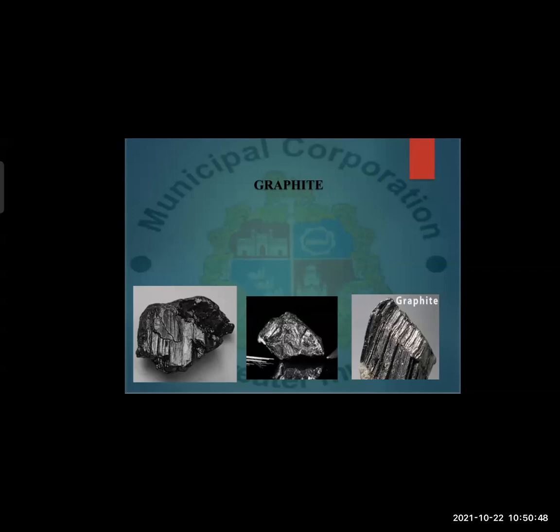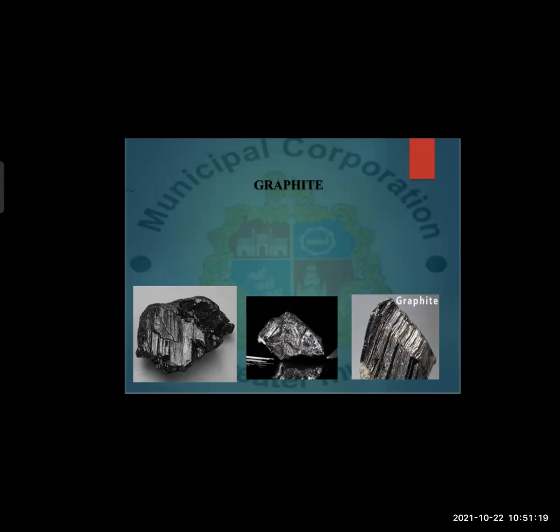It looks like the lead of the pencil. We can clearly see graphite also has a proper shape. So the arrangement of molecules might be stiff, very close. It might have a single covalent bond between carbon-carbon element.